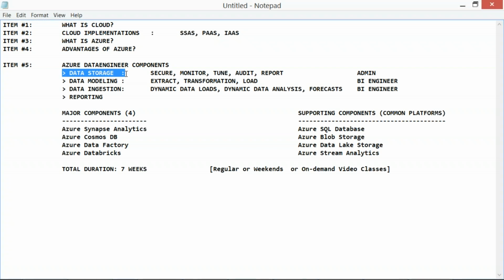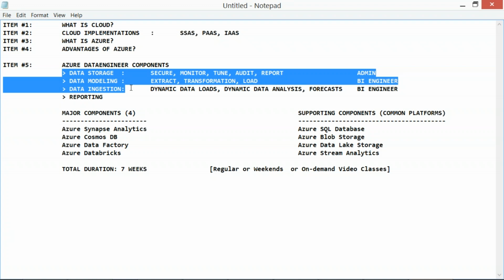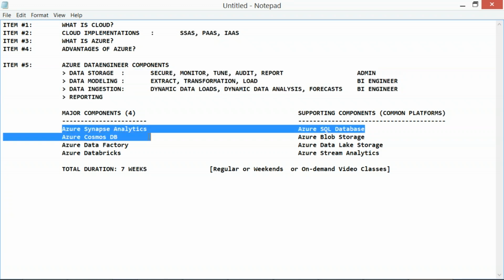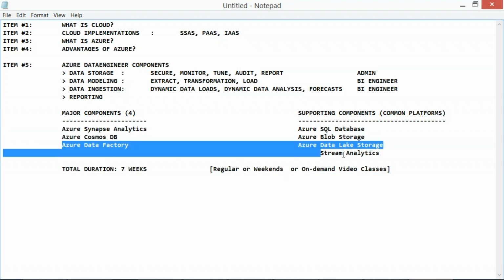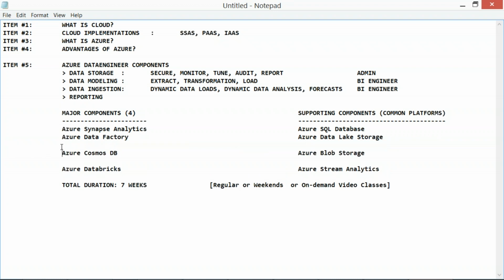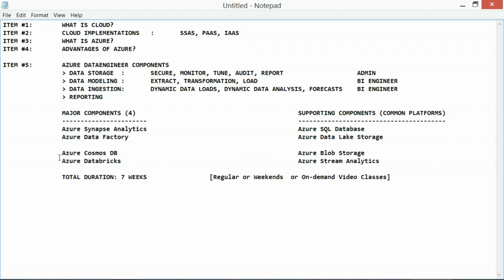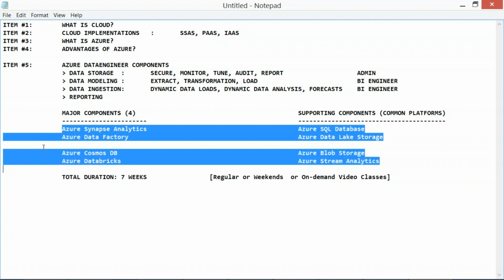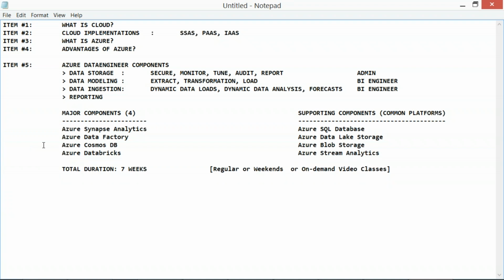Involved in data storage, data modeling, data ingestion activities, and reporting, there are 4 major components: Synapse, Cosmos, Data Factory, and Databricks. The first 2 are the main components for Azure BI. All components put together make up Azure Data Engineer.